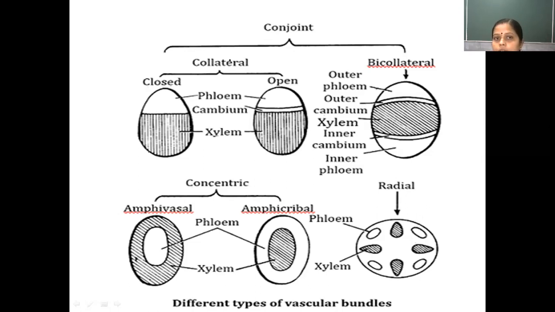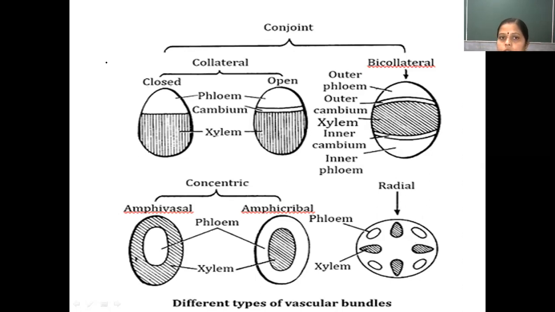Next, if two layers of xylem or phloem elements are arranged like this, with outer phloem elements and inner phloem elements, then it is called bicollateral. Bi means both sides have the same vascular tissue. Collateral is a single straight layer; bicollateral has outer and inner the same.